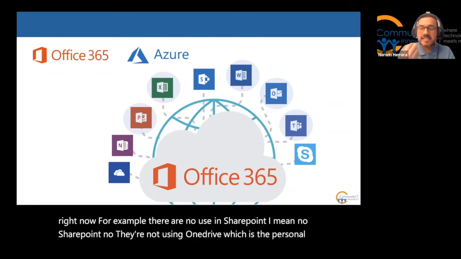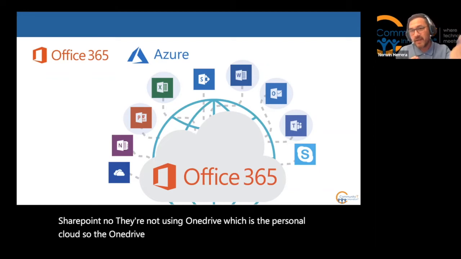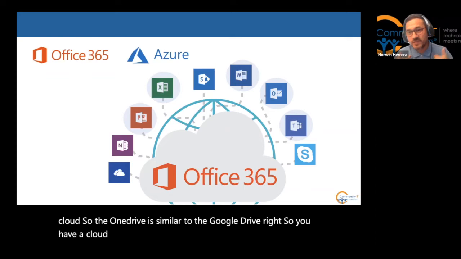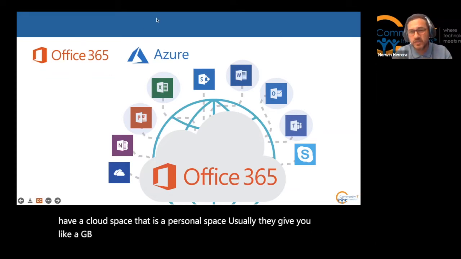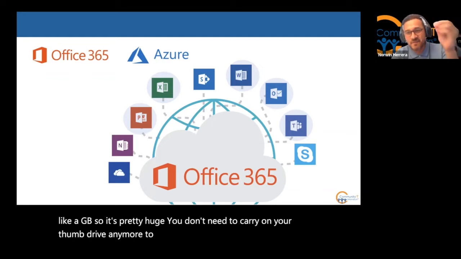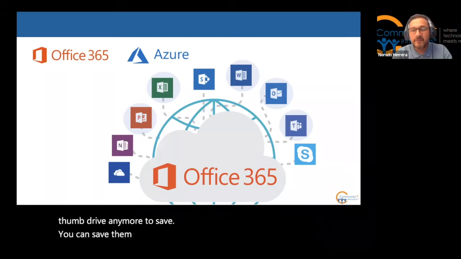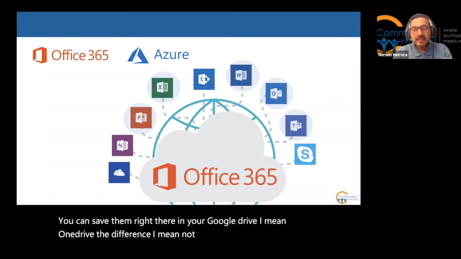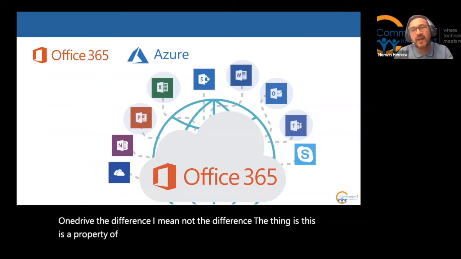So OneDrive is similar to Google Drive, right? You have a cloud space that is a personal space. Usually they give you like a terabyte, so it's pretty huge. You don't need to carry your thumb drive anymore to save your files. You can save them right there in your Google Drive, I mean, OneDrive. The thing is, this is a property of the organization that is providing you the account.